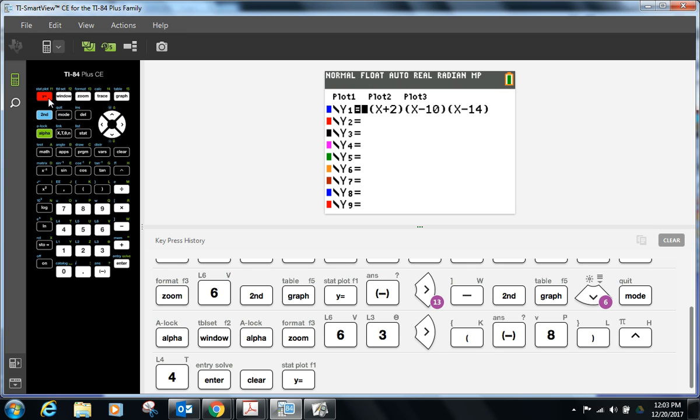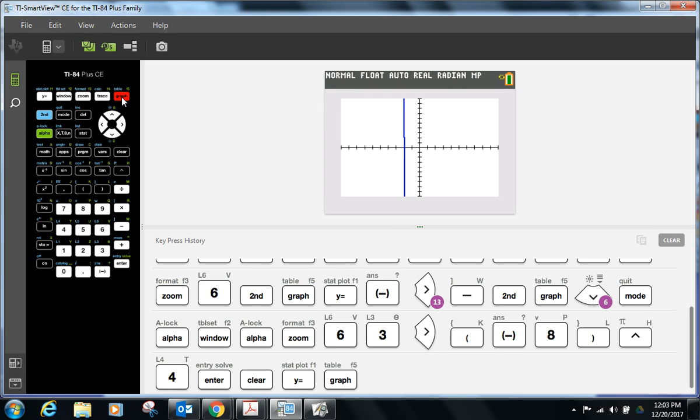Again, we're putting in the equation from the answers because that's what it's going to be based off of. And if you take a look at your graph, oh boy, that doesn't look too pretty. I don't think that's going to help us out.